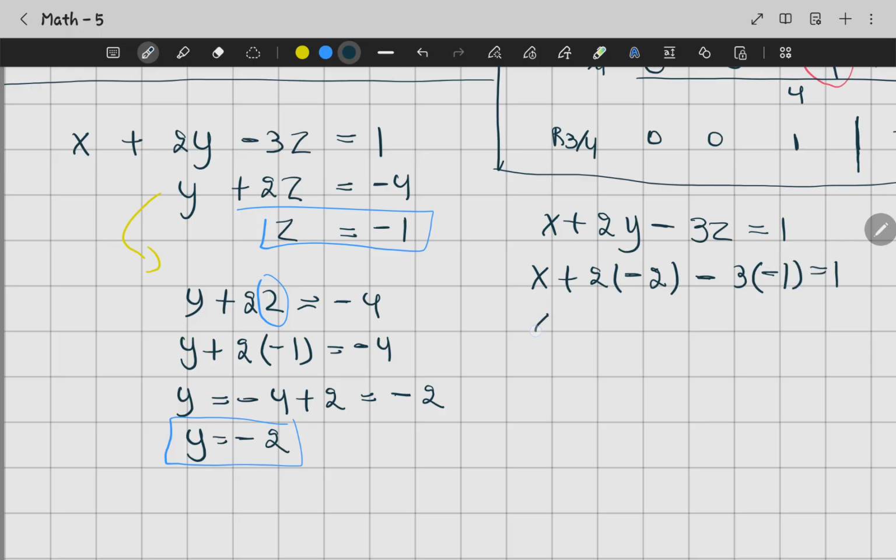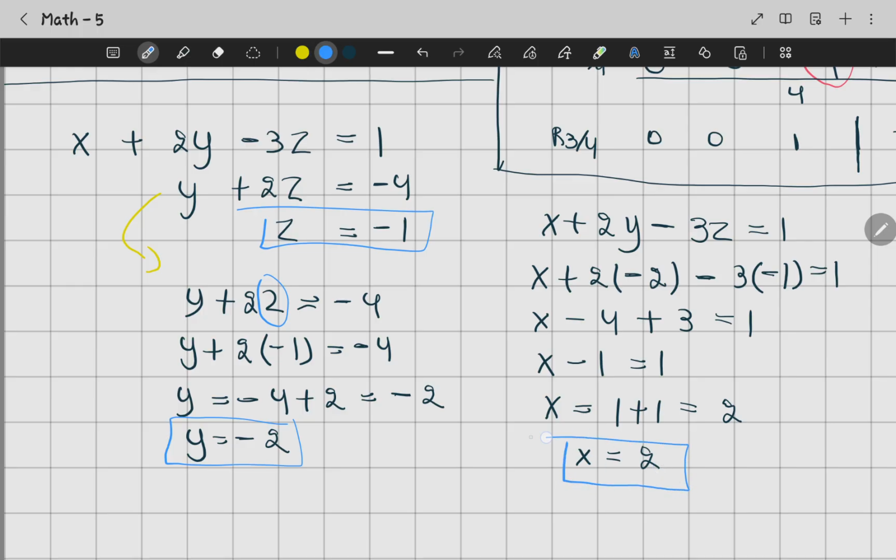So x minus 4 plus 3 equals 1, x minus 1 equals 1, and then x equals 1 plus 1, which gives me 2. So x equals 2. This is the answer for x.